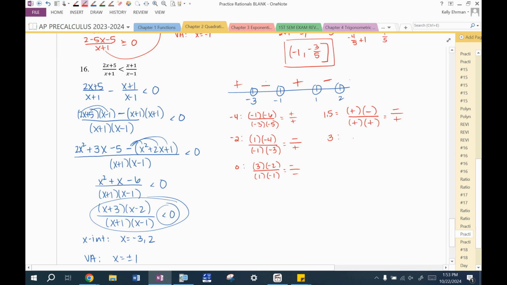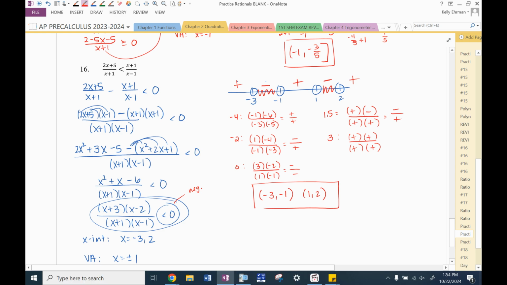And finally, 3. 3 plus 3 is positive. 3 minus 2 is positive. 3 plus 1 is positive. 3 minus 1 is positive. That's positive. Which answers do I want? I want the negatives because I'm looking for when is this fraction less than 0. So here and here. Negative 3 to negative 1, parentheses, positive 1 to positive 2.